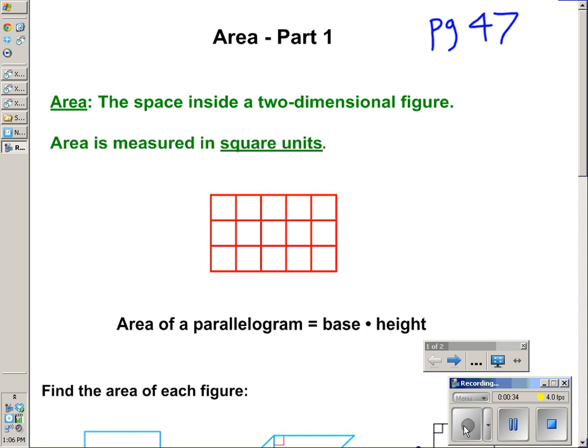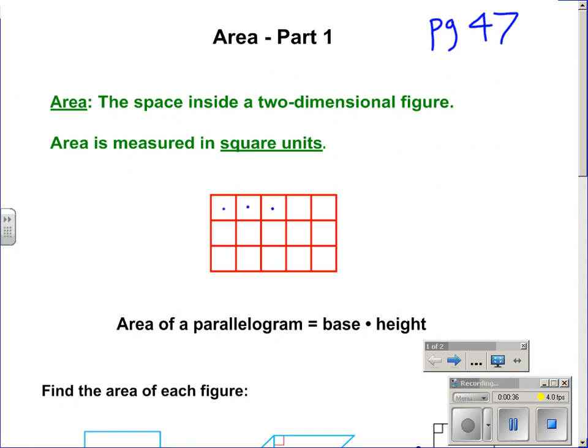So in this case, we have 1, 2, 3, 4, 5, 6, 7, 8, 9, 10, 11, 12, 13, 14, 15. 15 square units are in this parallelogram there, or rectangle. If you look below, we know that we can find the area of any parallelogram by multiplying the base times the height.